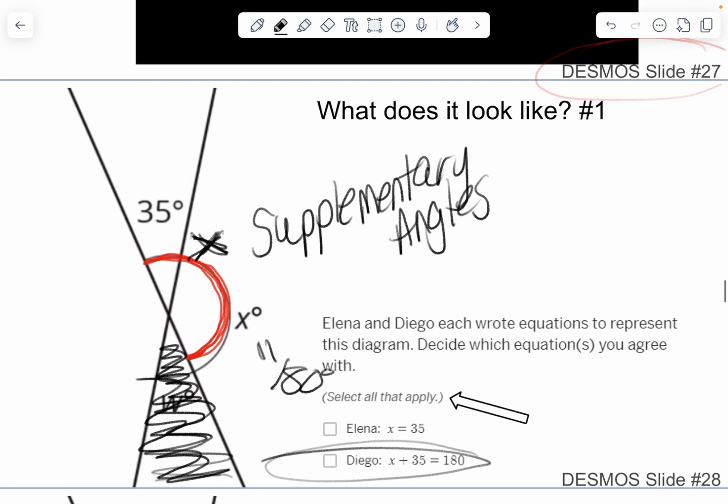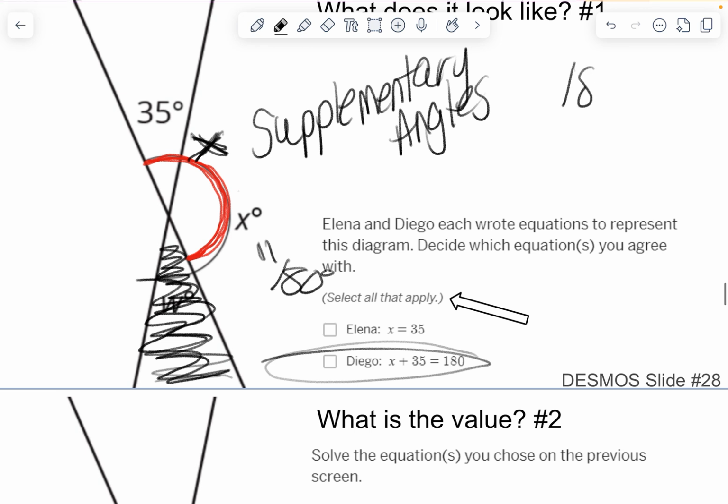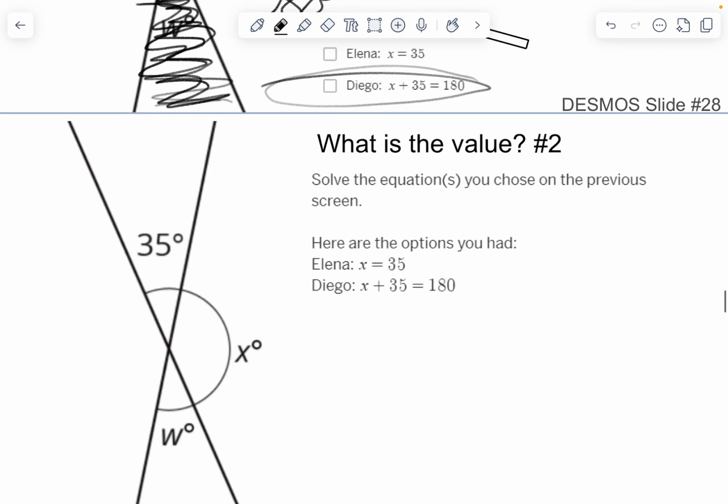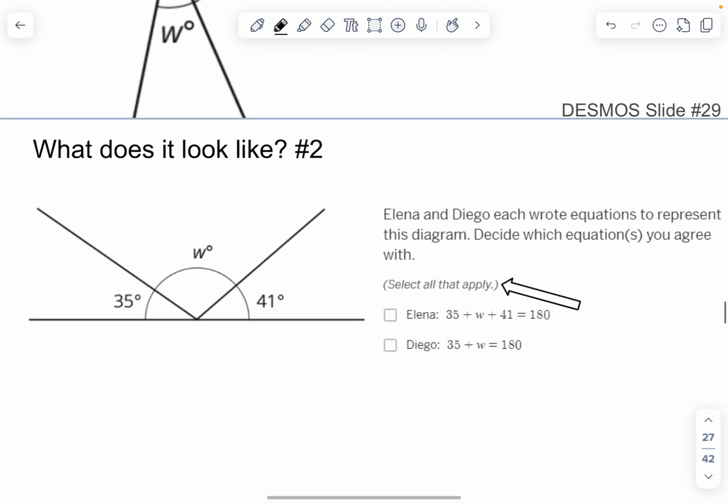These two slides pretty much go together. So 180 degrees minus 35 degrees. I'm just doing it on the calculator because I don't want to mess up. It's 145 degrees. So X is going to equal 145 degrees. And that makes sense because it looks like 145 degrees, unlike that other one we did a few minutes ago.